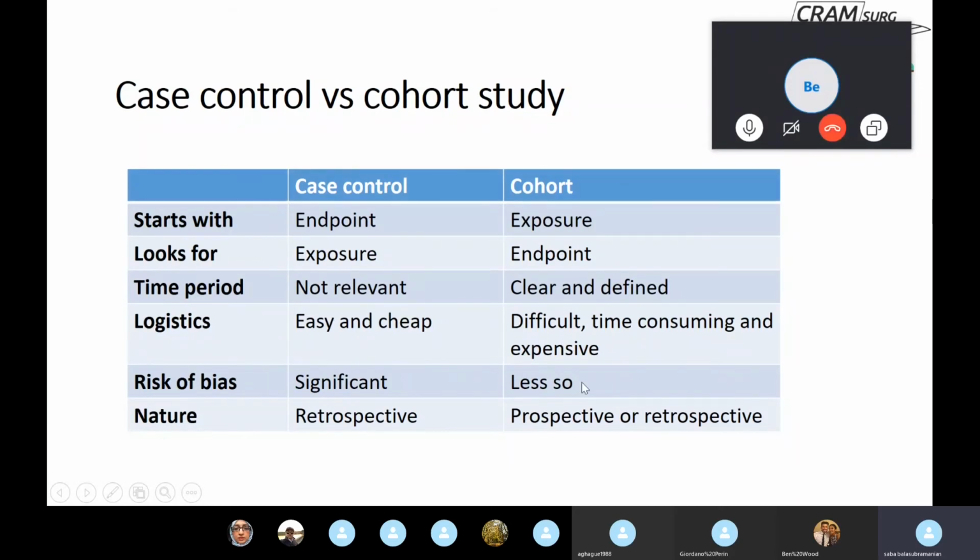However, the advantage of a cohort study is that there is much less risk of bias. And the opposite is true of a case control study, in that there are significant risks of what we call selection bias.